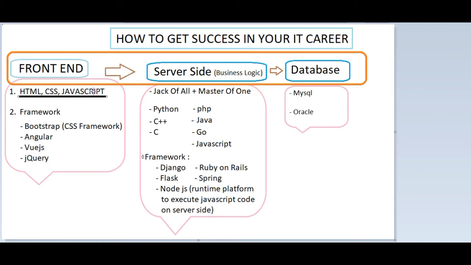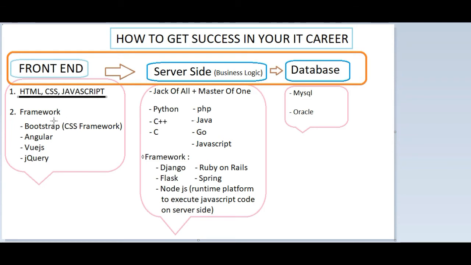You need to learn at least a few of the frameworks. For example, Bootstrap is a CSS framework which helps with the styling of our website and makes styling more efficient. Then there are JavaScript frameworks, which are Angular and Vue.js, and JavaScript libraries like jQuery and React.